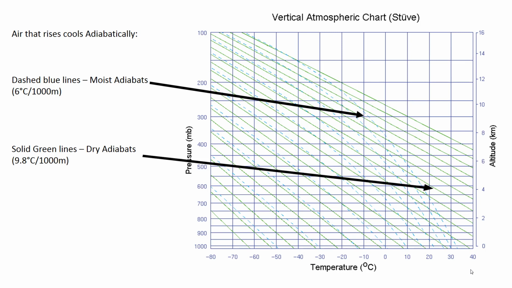These two things are called adiabats, and they deal with what's called adiabatic cooling. As air rises, it cools adiabatically, which means it only cools due to expansion or contraction. So as air rises, it expands and cools. As air sinks, it compresses and warms. And there's a set rate with which this happens.